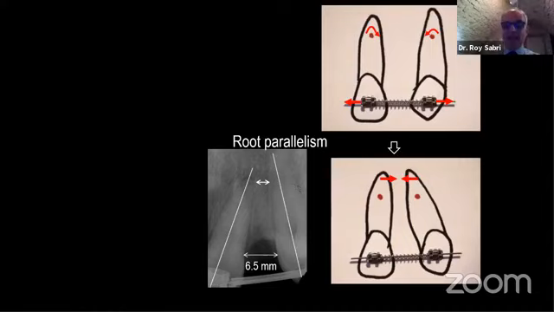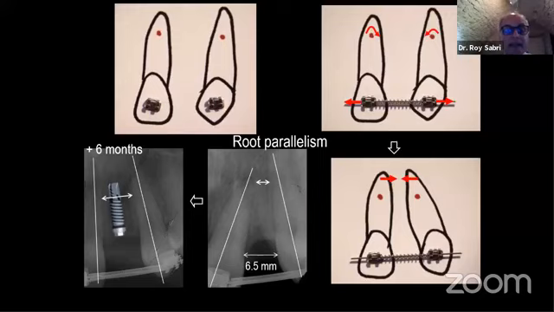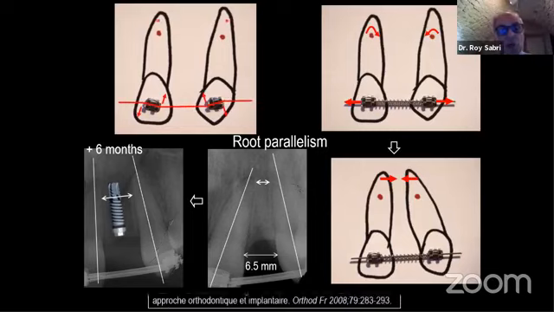And when you take an X-ray, we find that the teeth are convergent. And sometimes it takes like 6 months to get to root parallelism and you're at the end of treatment and maybe some root resorption. So to avoid this jailing, angulating the bracket from day one is a good idea, because when you angulate the bracket from the initial arch wire, you start separating the roots from the initial arch wire.